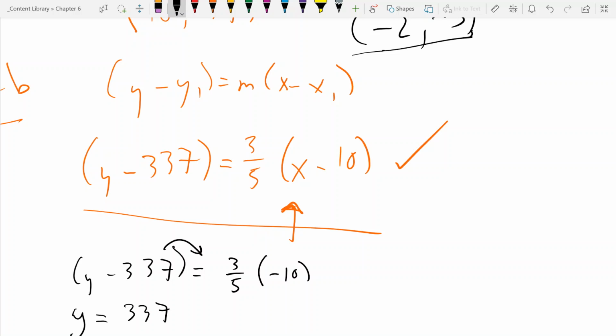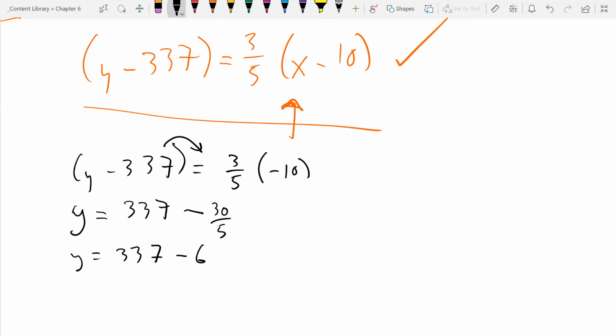Move that to the other side. Minus 30.5... that's 6. So I got 331 for when x is equal to 0. And that's it. We're done.